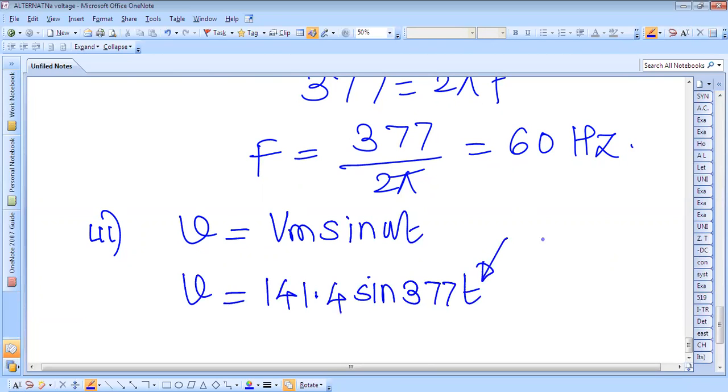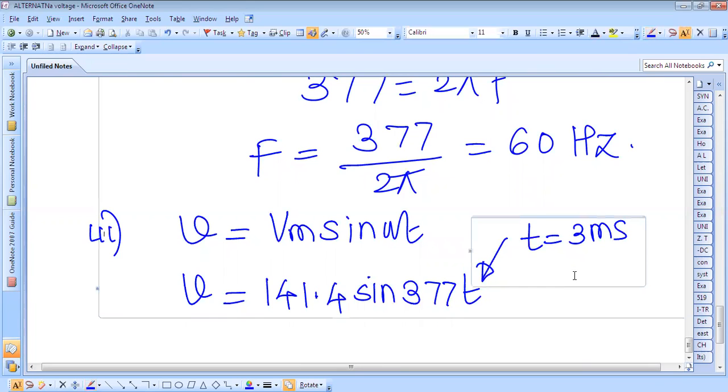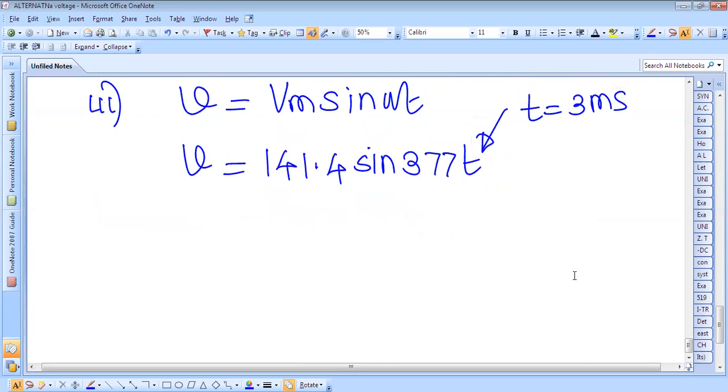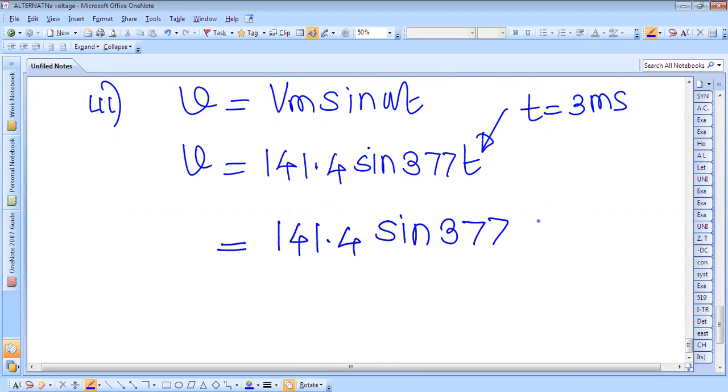So we have to substitute here t, which is given, t is equal to 3 millisecond, and therefore after substituting 3 milliseconds we will get the instantaneous value when time t is 3 millisecond.